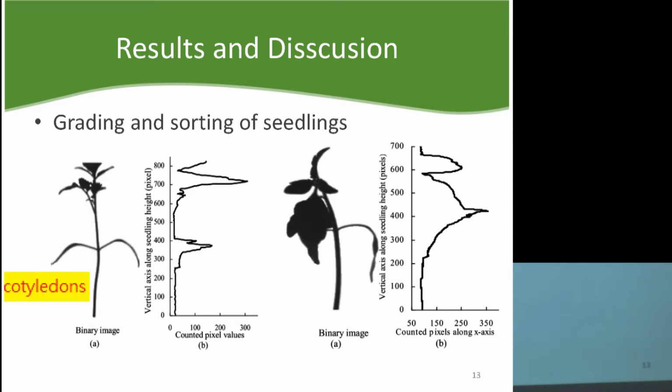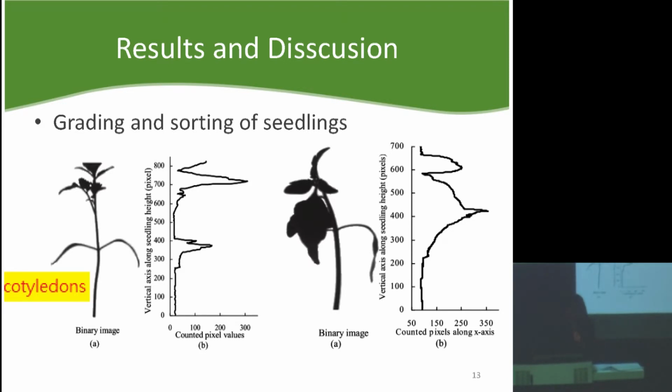Okay, here is the seedling image in the binary scale, and figure B is the count of binary values of the pixels along the horizontal axis.